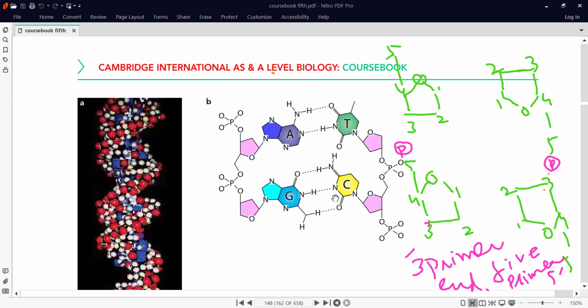One most important thing to tell here is that DNA has an enzyme which can replicate only from the 3rd primer end. Meaning replication can take place this way. They don't have any enzyme to replicate from the 5th primer end.